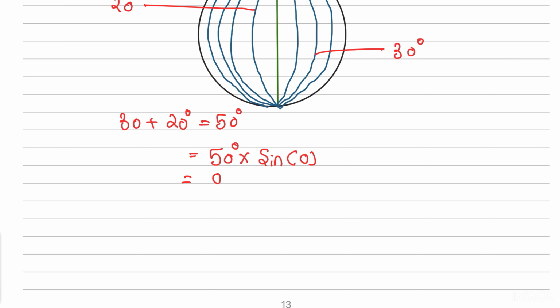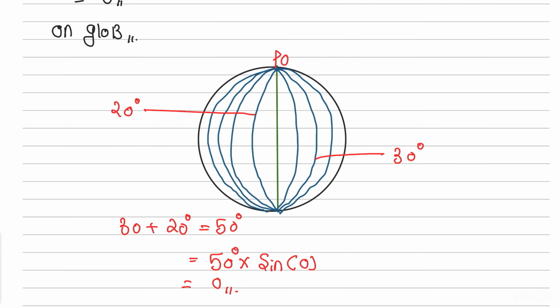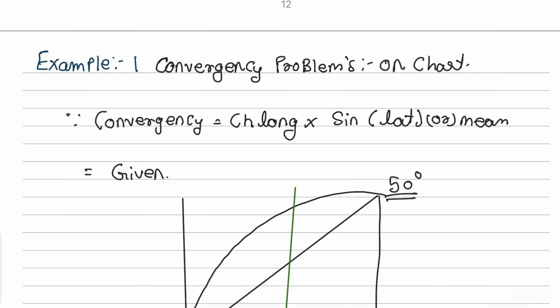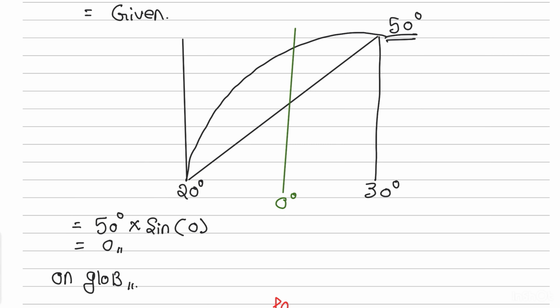If you understand the chart method, then skip the globe. If someone knows the globe, skip the chart. I'm not doing it for every sum, just giving you a clear idea.